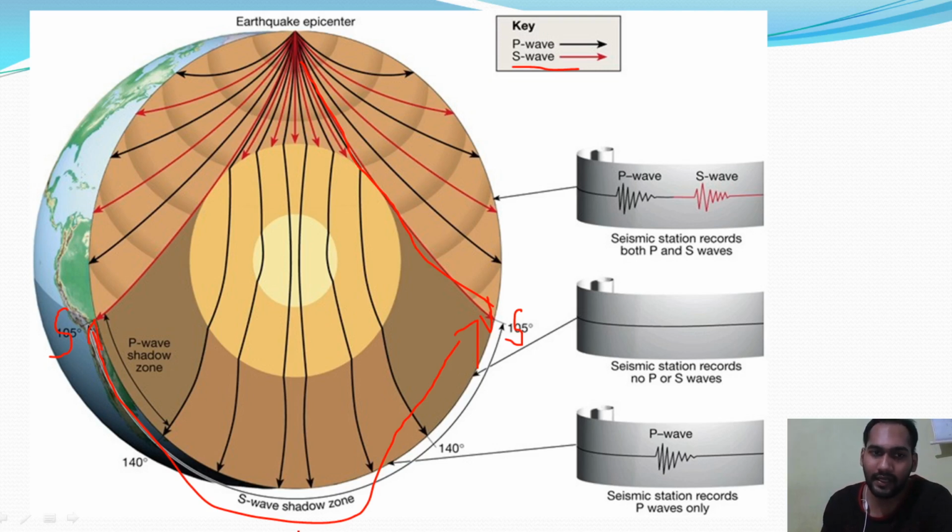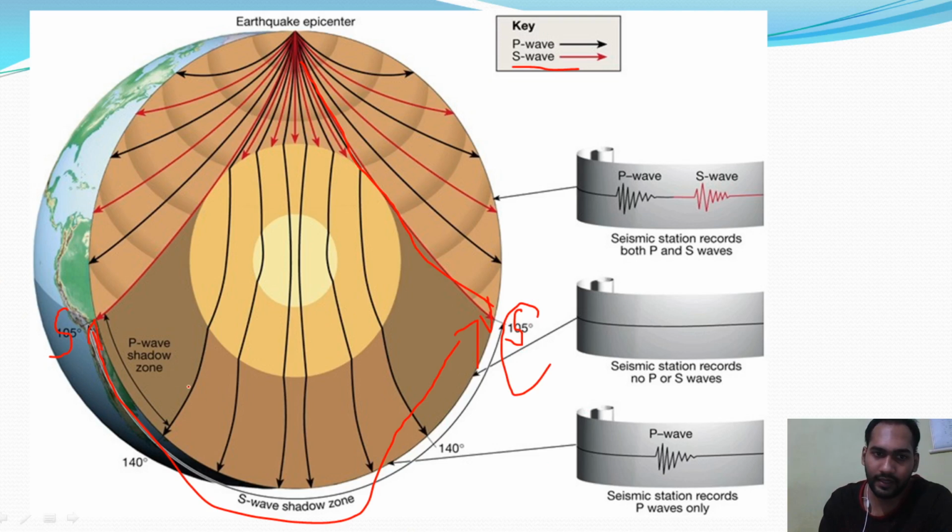We can get SKJK, like PKJKS or SKJKS, right? SKIKS, we can get that, but we cannot get direct S in this region. So that is your S wave shadow zone.